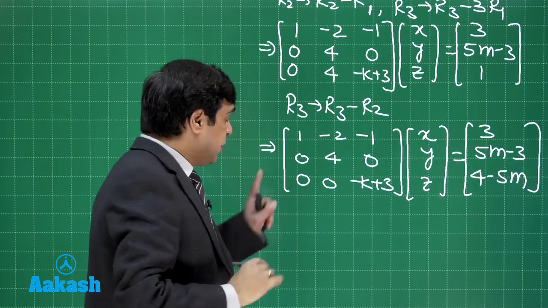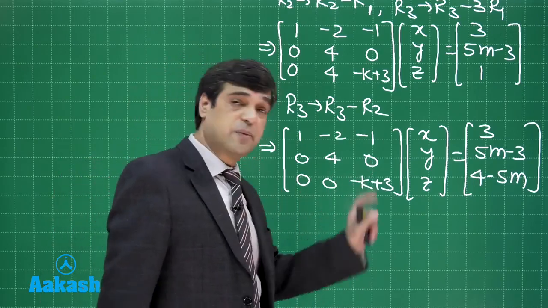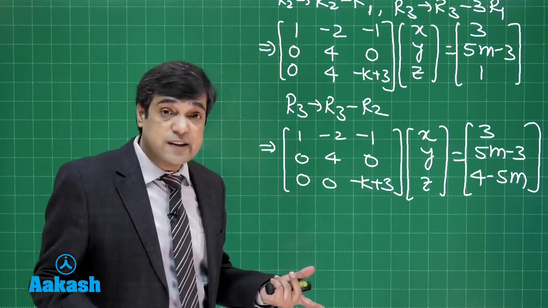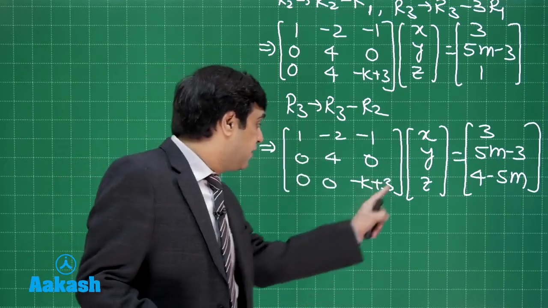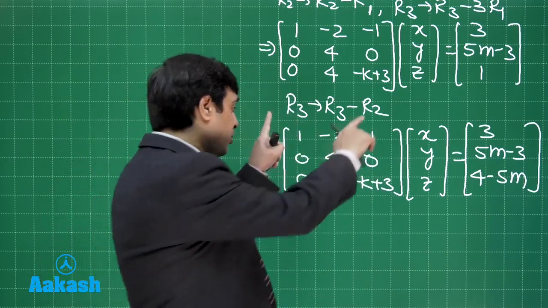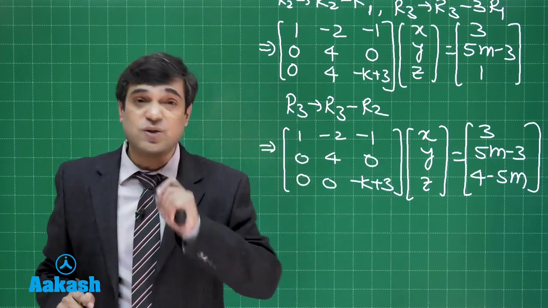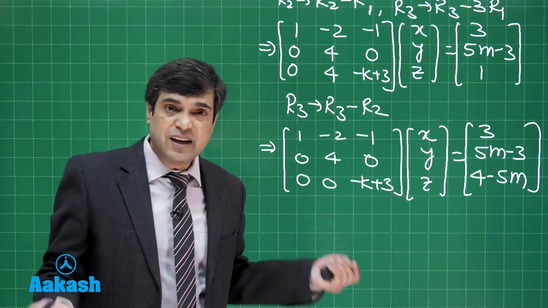Now if you consider k is equal to 3, what is going to happen? This row will become 0. In case you say k is not equal to 3, this will be a non-zero determinant, that is determinant A will be non-zero, and you will get a unique solution. But you are looking for inconsistency.